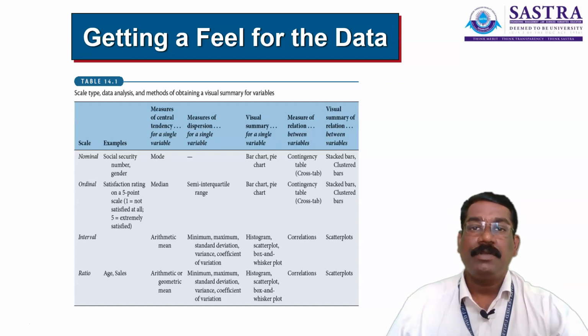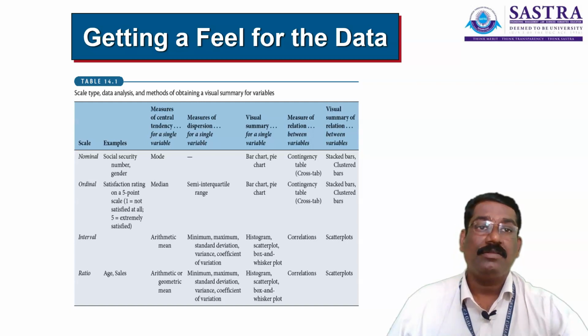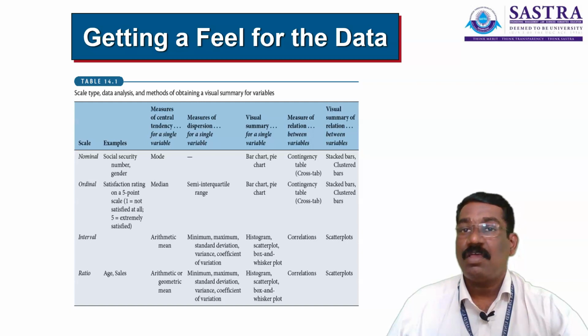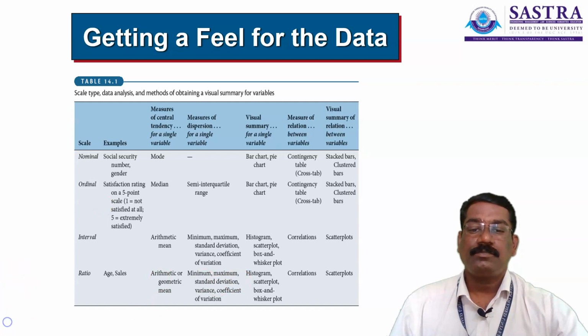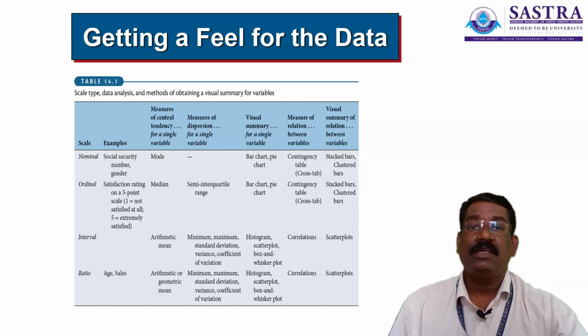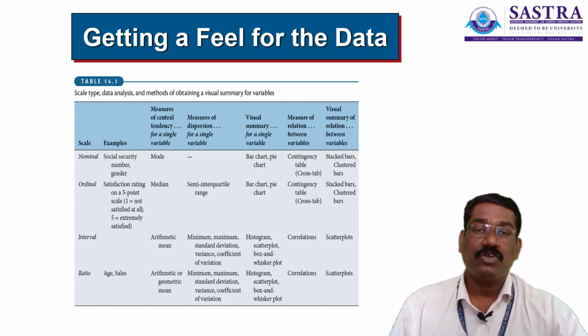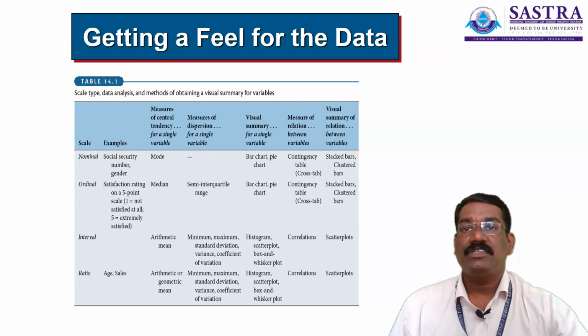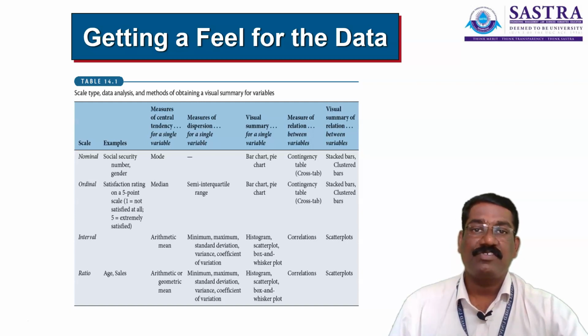This table shows that depending on the scale of our measures, the mode, median, or mean, and the semi-interquartile range, standard deviation, or variance will give us a good idea of how the participants in our study have reacted to the items in the questionnaire.